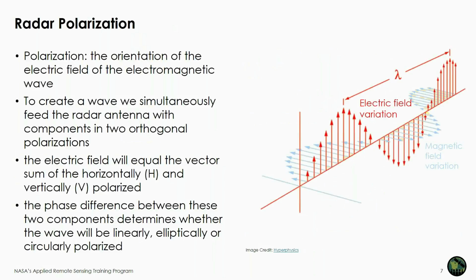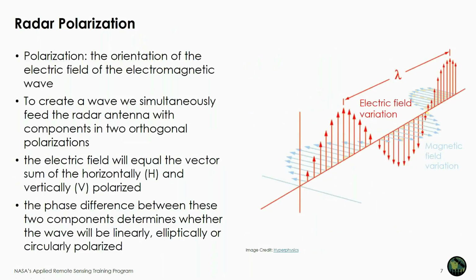The next concept to talk about is radar polarization. Polarization is defined as the orientation of the electric field of the electromagnetic wave. To create a wave, we need to simultaneously feed the radar antenna with components in two orthogonal polarizations, or two polarizations that are at right angles to each other.